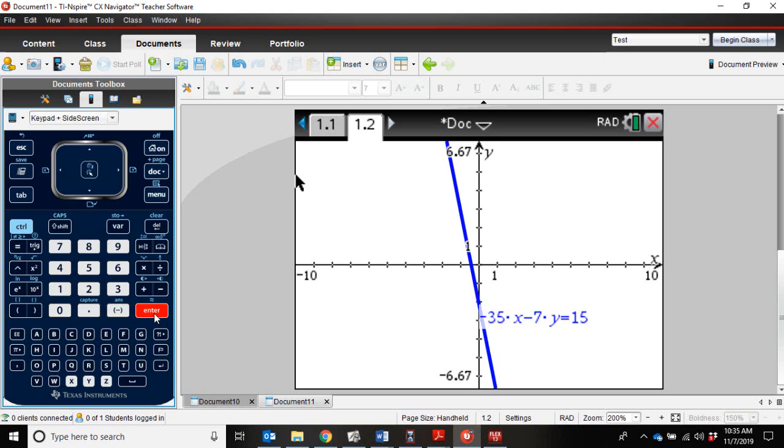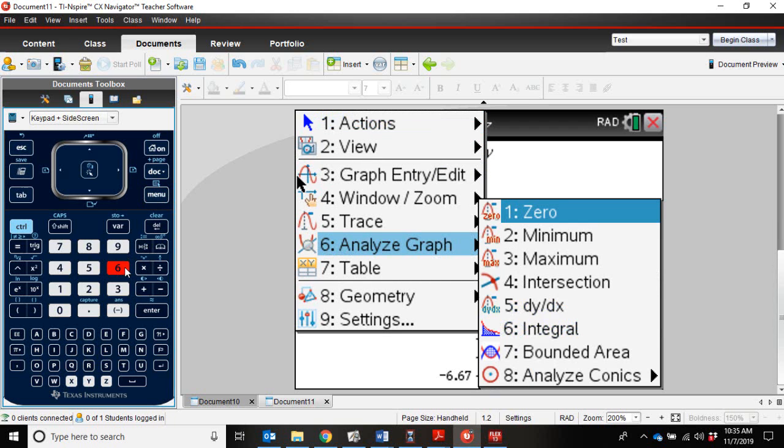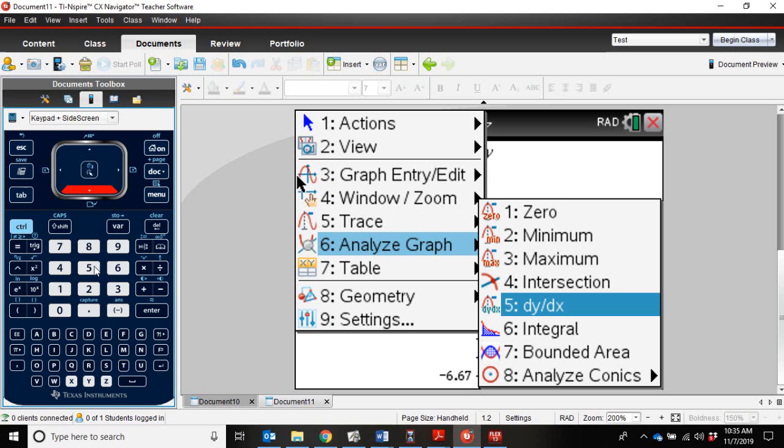And what we're going to do is find the slope of the line by pressing menu, 6 for analyze graph. And again, I like to press the numbers. And then I'm going to push number 5 for change, like the slope, which is the change in y over the change in x. And that's not really what that means, but that's what we're going to call it.